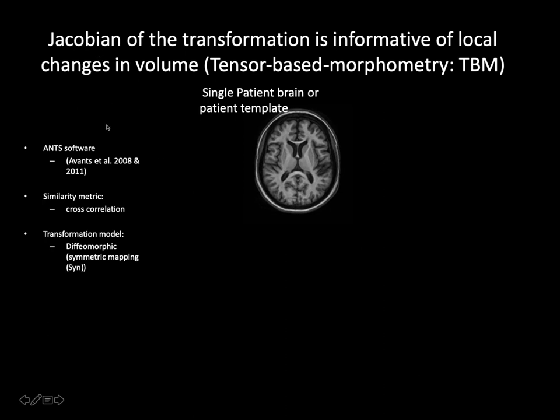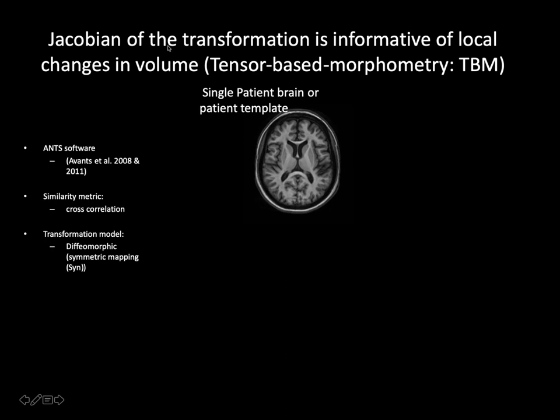And one metric that is very important to look at in the deformation field is the local change in volume. This local change in volume is related to this complicated term, the Jacobian of the transformation.